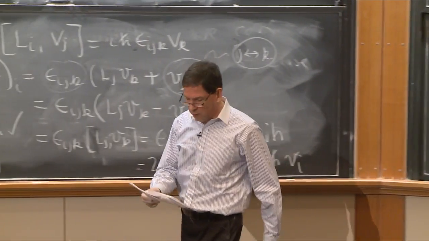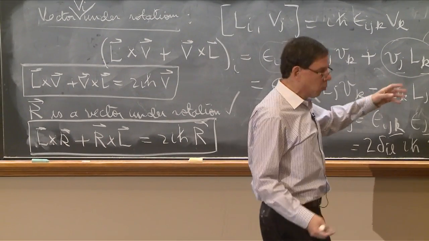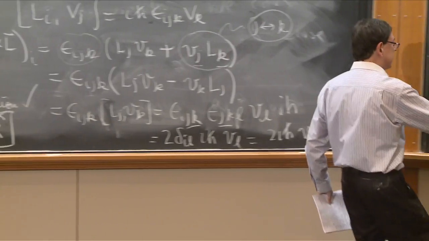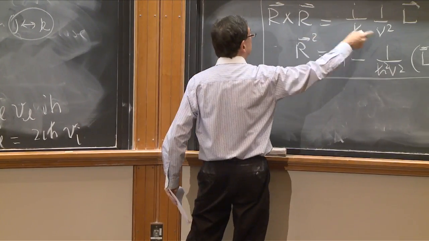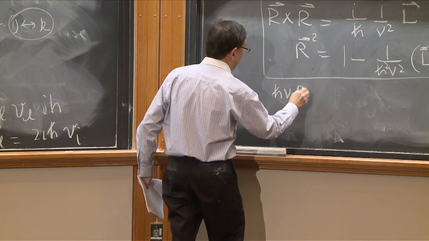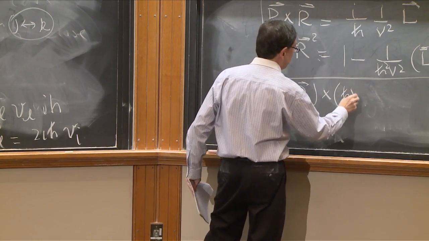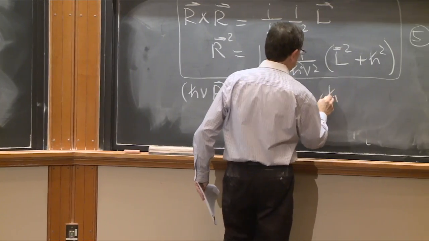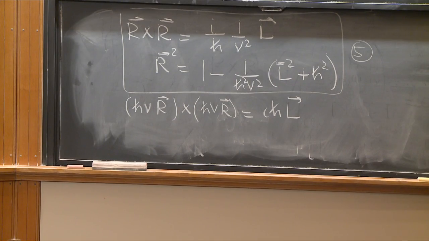I still want to rewrite them in a way that perhaps is a little more understandable or suggestive. I will put an h bar nu together with each r. So h nu r cross h nu r is equal to i h bar L. Makes it look nice.